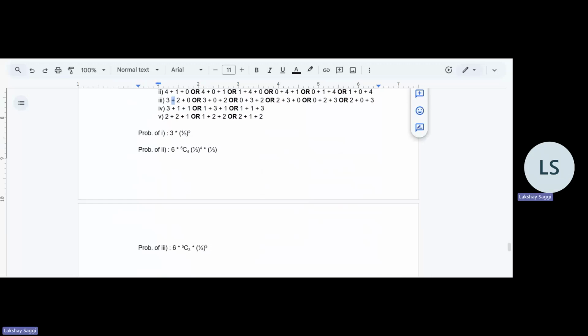And then the remaining 2 balls go into the second bin, so with probability 1/3 raised to the power 2. So this is the probability of case 3, and now let's go to the probability of case 4.